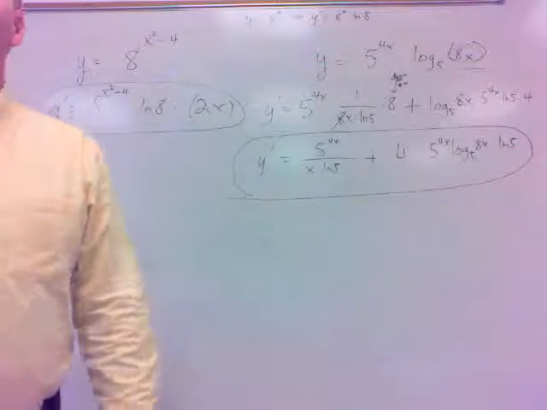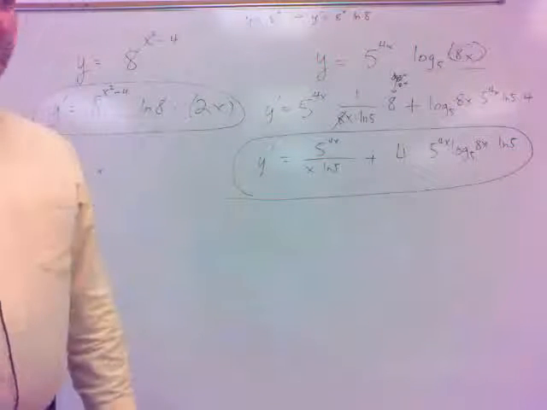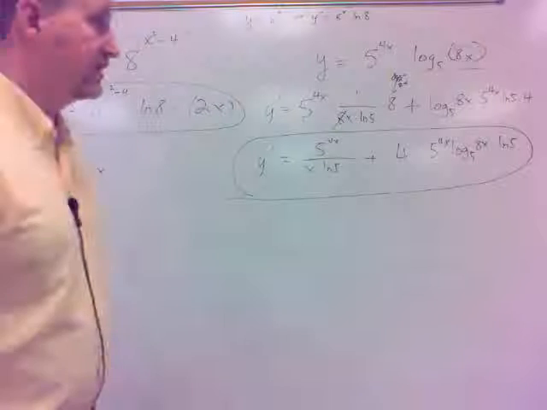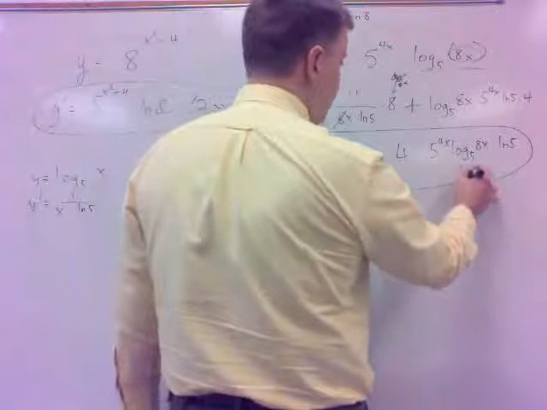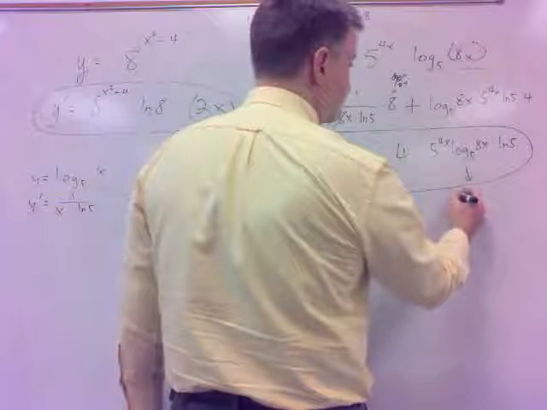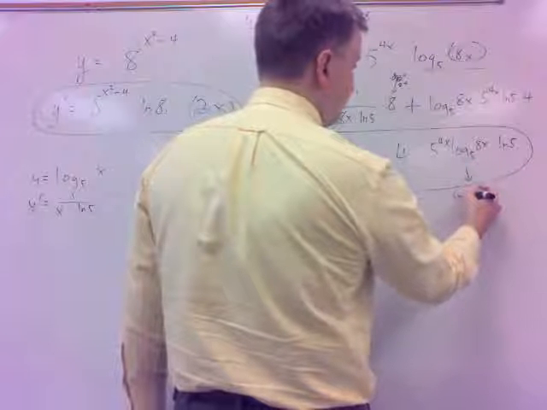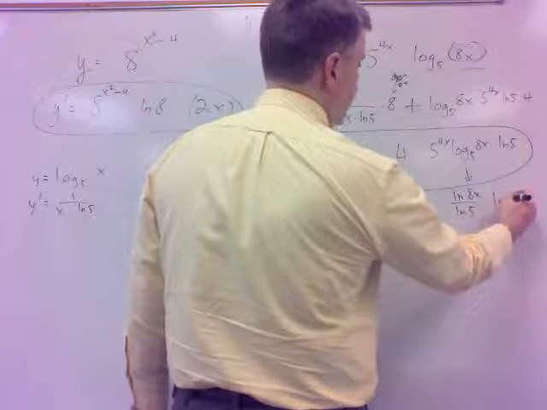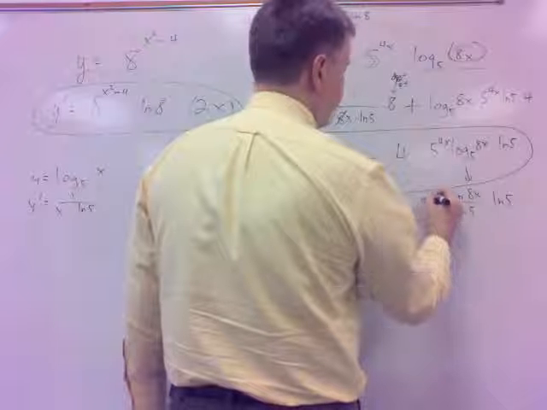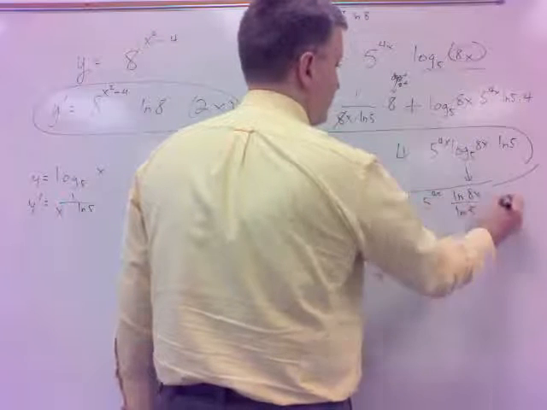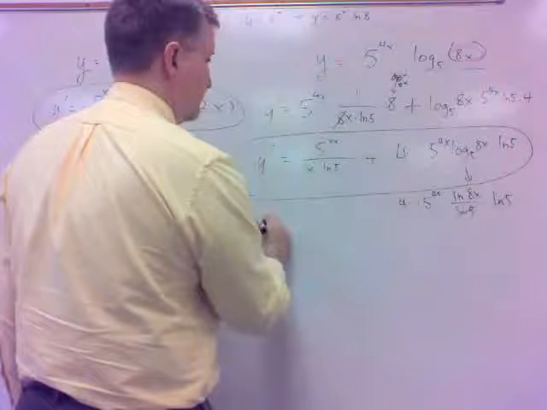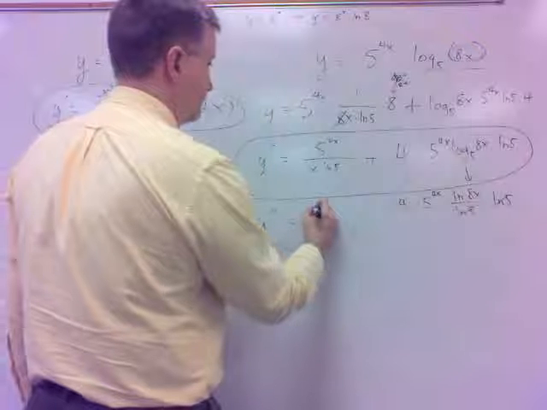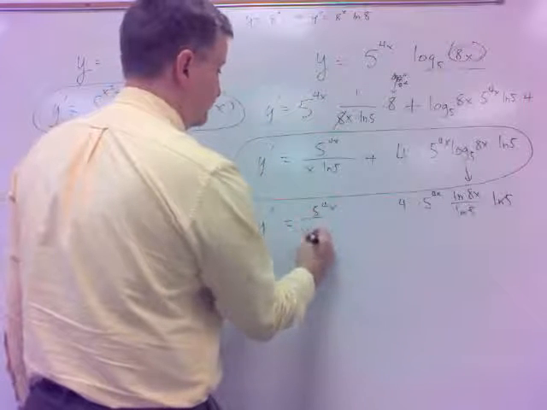You could probably get it way on down there, but sometimes you don't see simplifying like that, and that's fine. But yeah, she's right there. I could do ln of 8x over ln of 5 for that, and then that will cancel the ln of 5s out there. So yeah, good point. That does simplify it a hair more. So good suggestion.